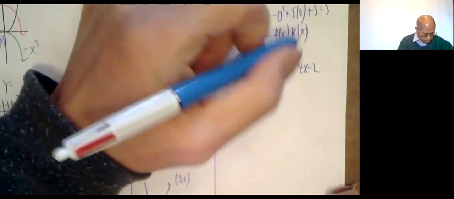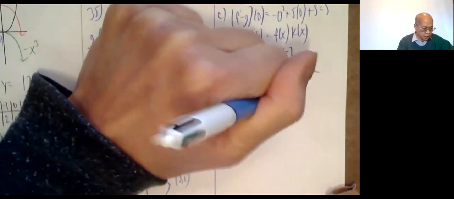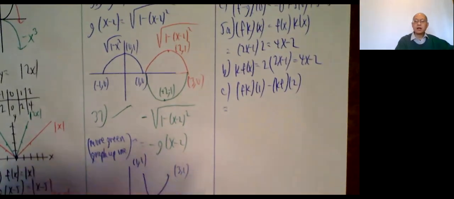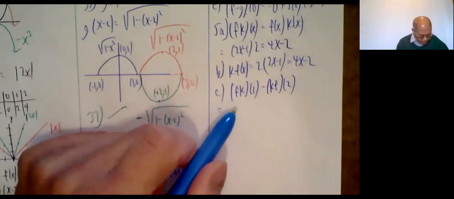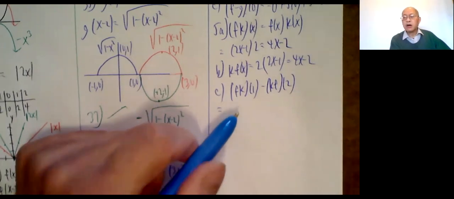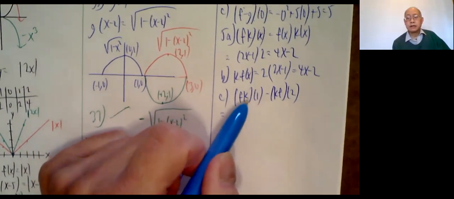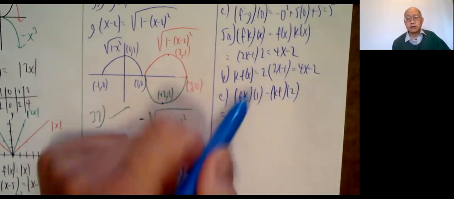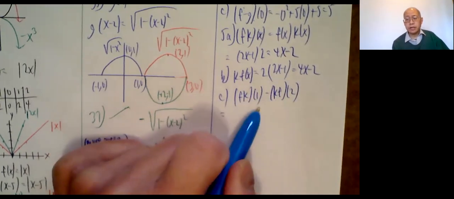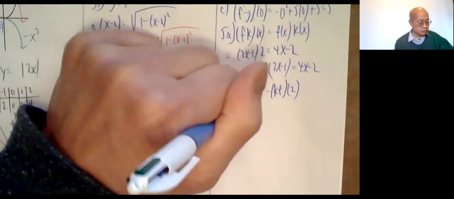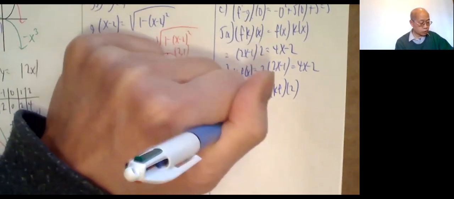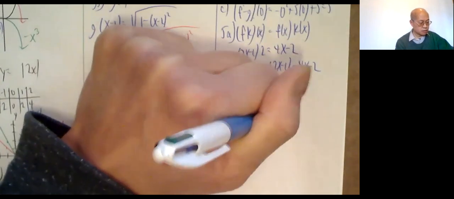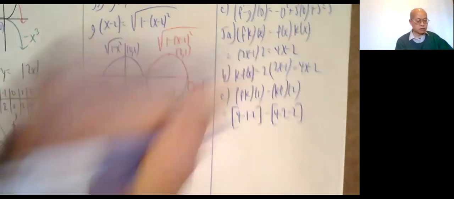Fk of 1 minus kf of 2. They write it like this. Aren't they the same function, though? They're both that. So I'll plug in 1, plug in 2, and then subtract. Same function. So 4 times 1 minus 2, minus 4 times 2 minus 2.